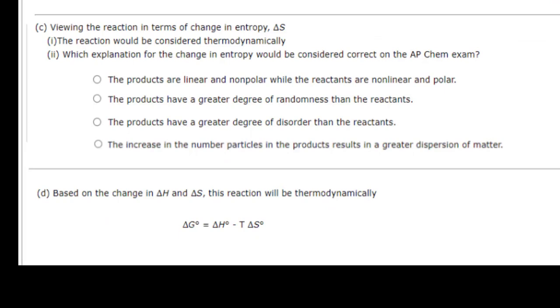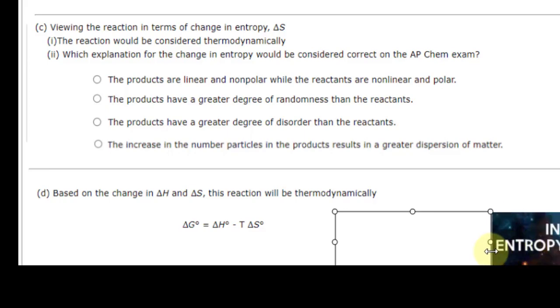Based on the change in enthalpy and entropy, what about the Gibbs free energy? The Gibbs free energy is the final say as to whether something really is going to happen or has the potential to happen to make products. When that delta G is negative, we have a reaction that's eventually going to occur and produce products.